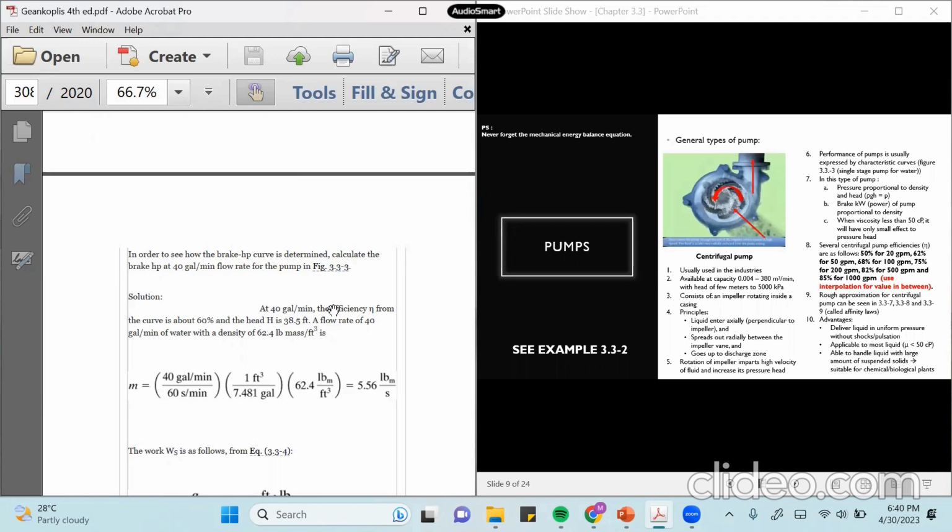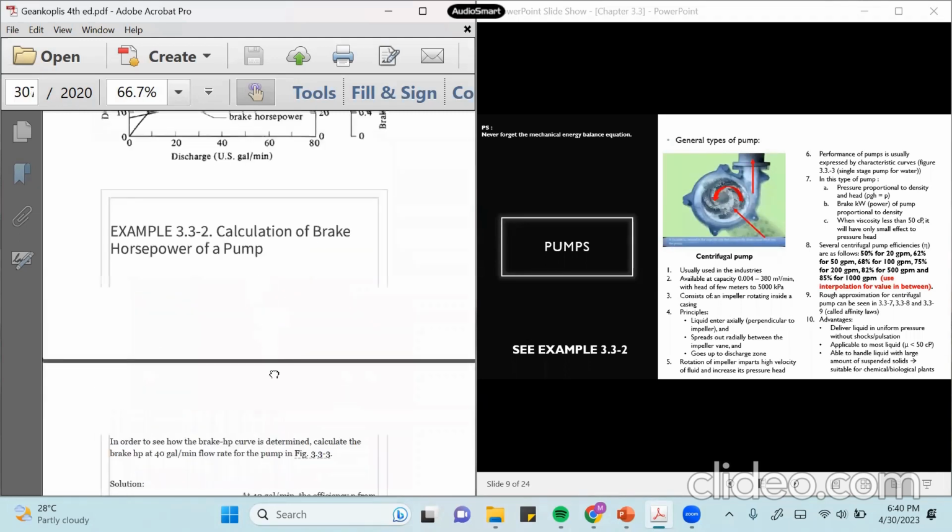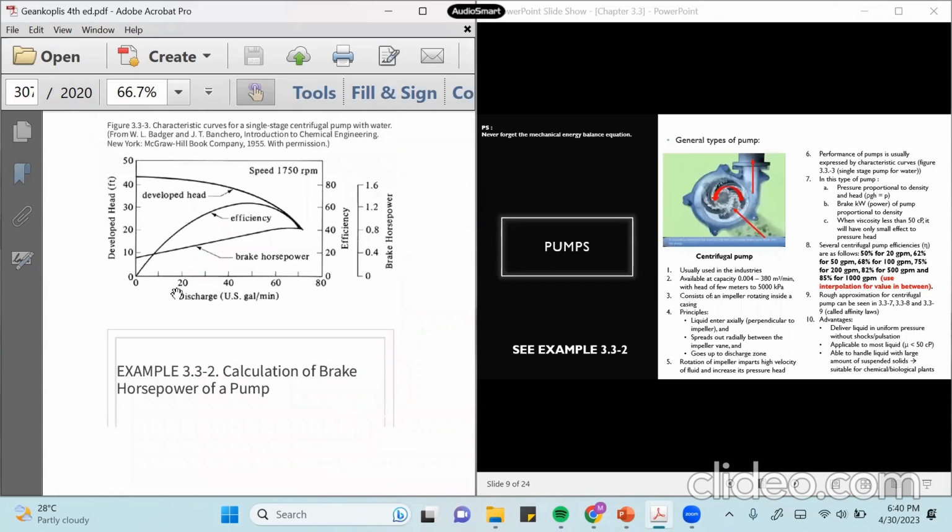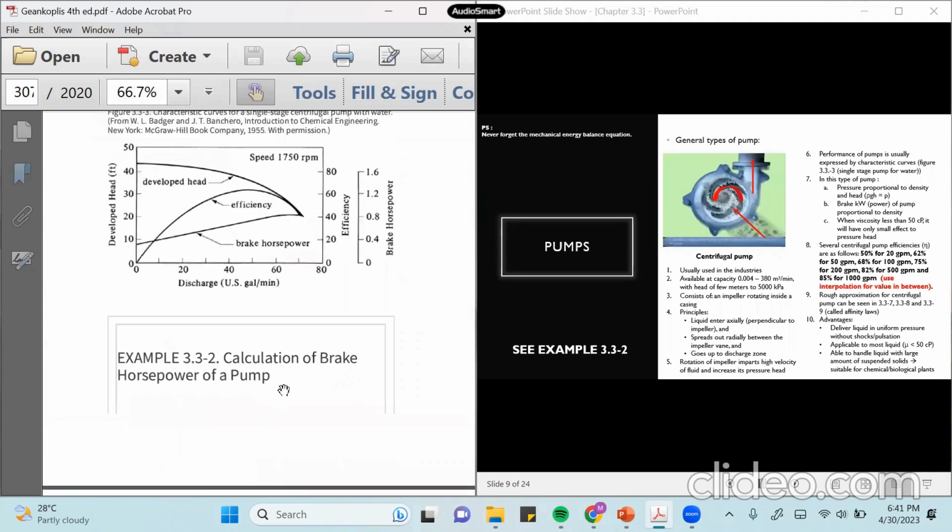So we know that the GPM is 40. The efficiency, I will move up. I know the efficiency by drawing a vertical line up until it crosses the efficiency curve, and it will give you a point here.